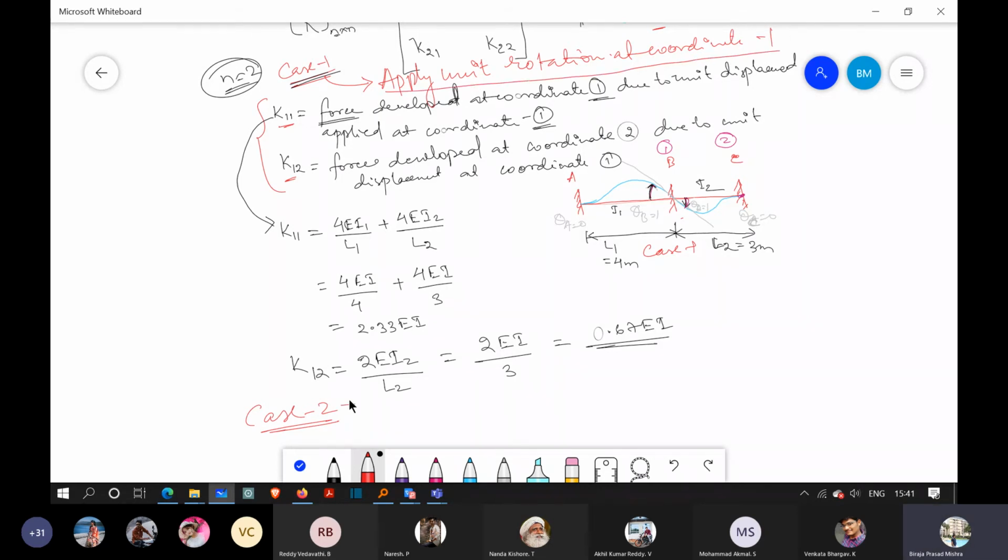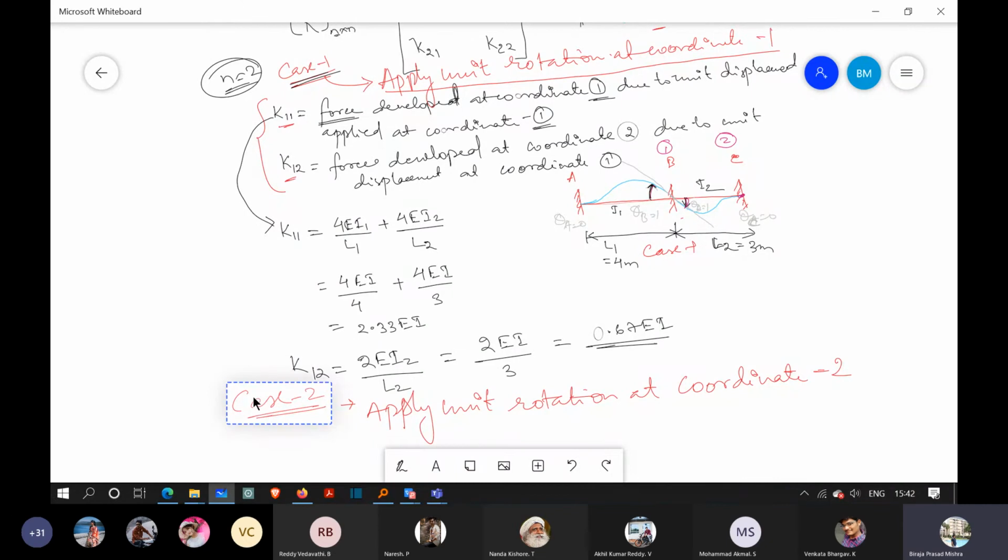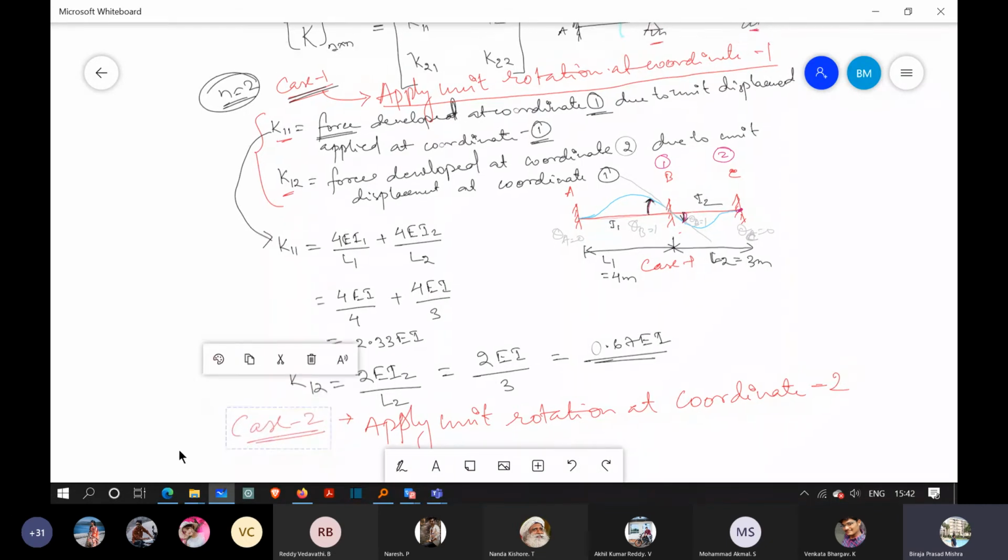Case 2 is apply unit rotation at coordinate 2. So now just remember this one.